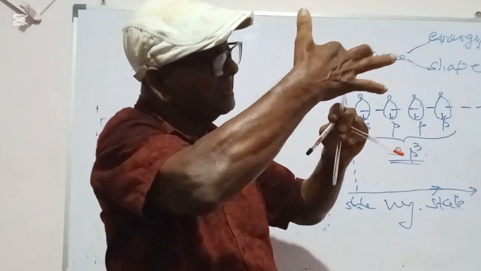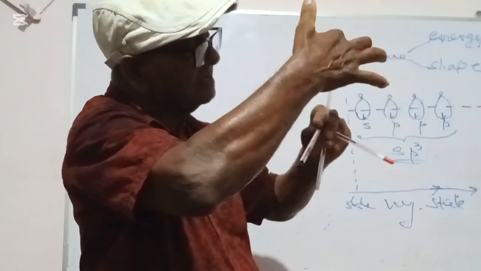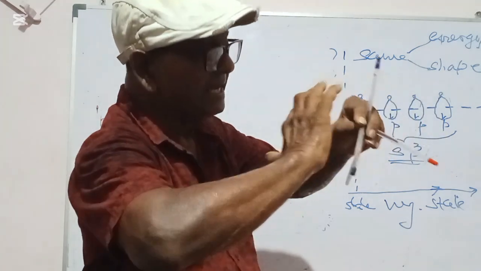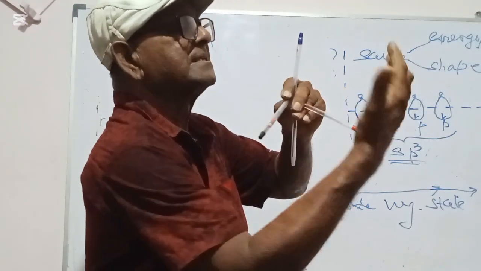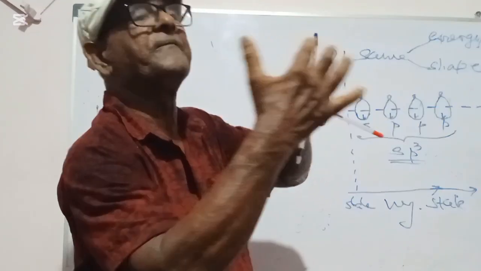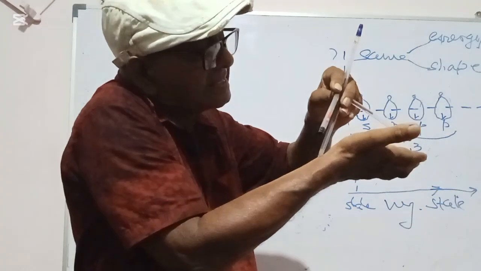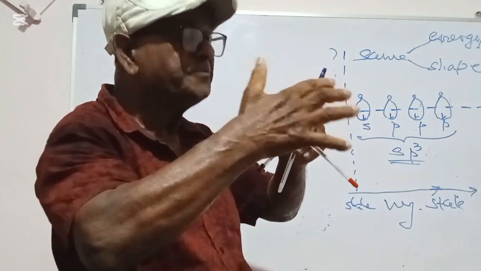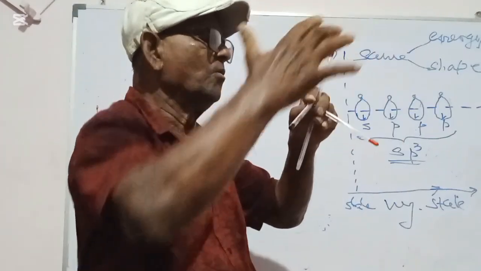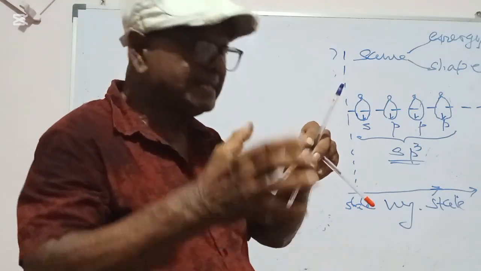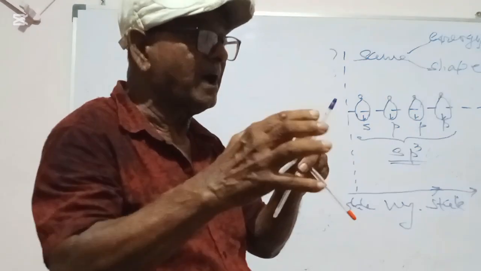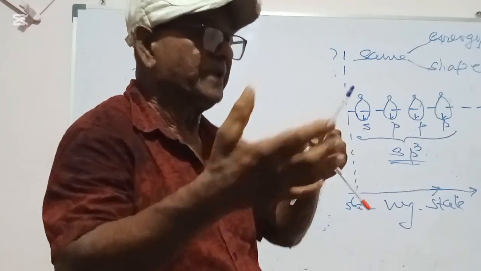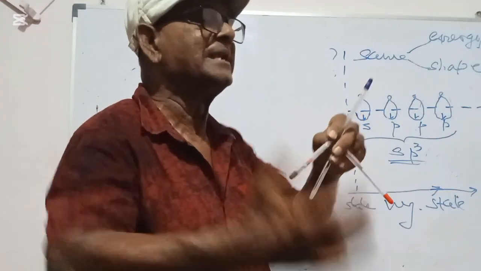See here, one face, other face. Similarly, around, three triangular faces, and the base, another triangular face. Four triangular faces all together. Tetra means four, hedral means faces. Tetrahedral arrangement.